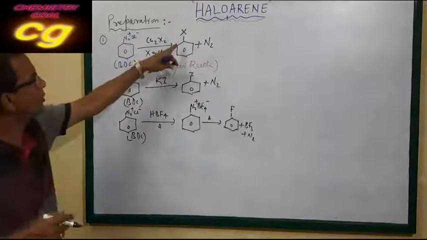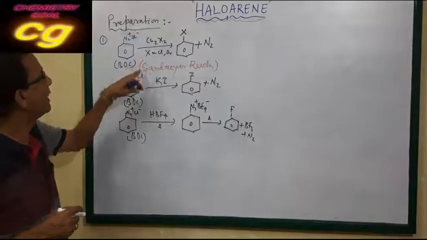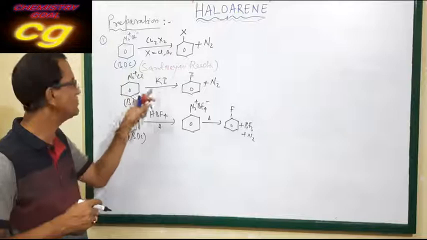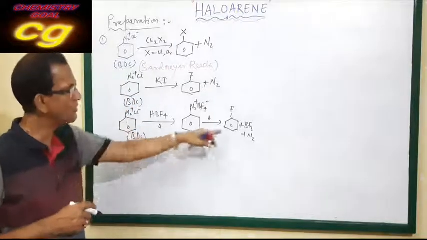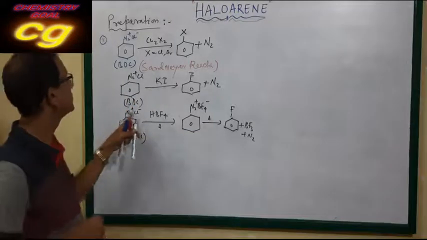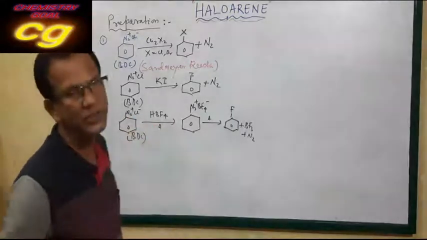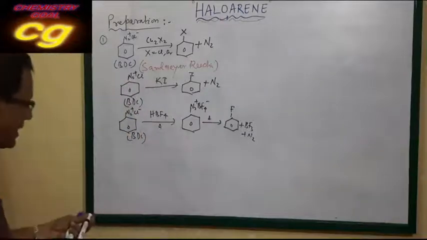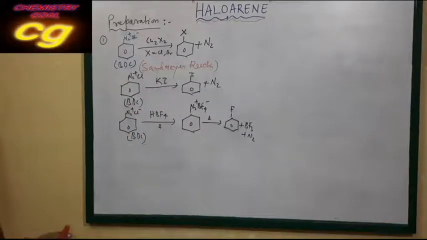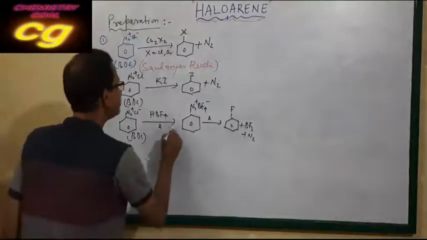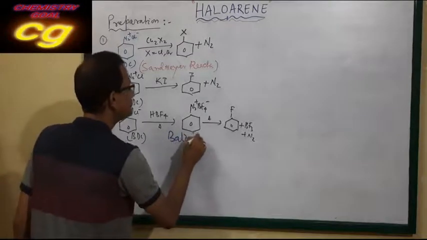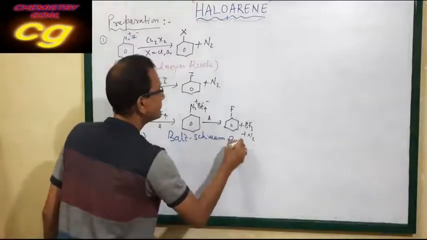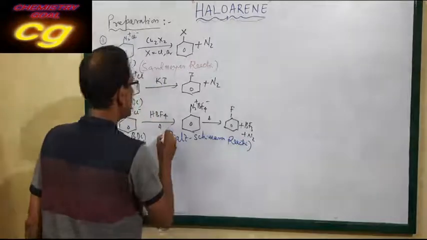So chlorobenzene and bromobenzene can be prepared by Sandmeyer reactions. Iodobenzene can be prepared from the same BDC with KI, and fluorobenzene can be prepared by the reaction of BDC with HBF4, fluoroboric acid. And this reaction is called what? The Balz-Schiemann reaction.